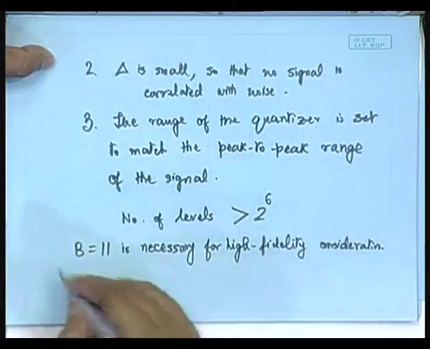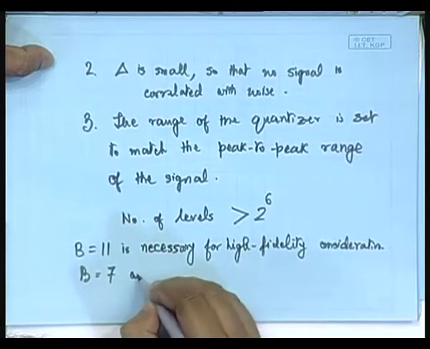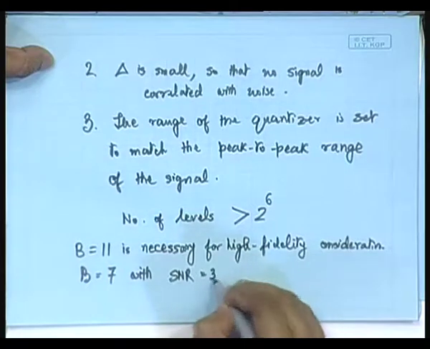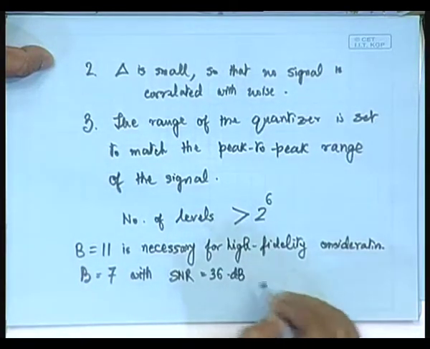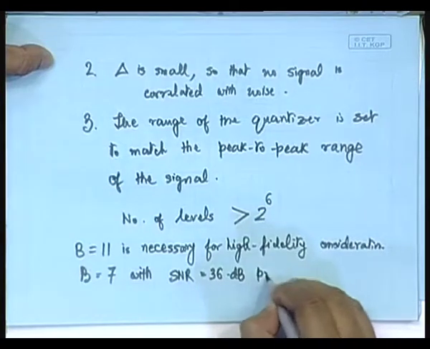Whereas, it has been seen that B equal to 7, with SNR equal to 36 dB, provides adequate quality in a communication system.